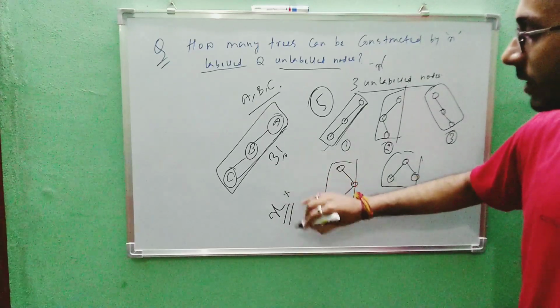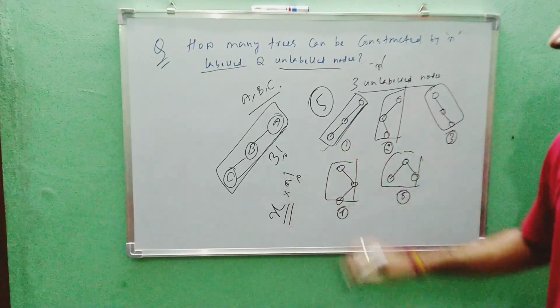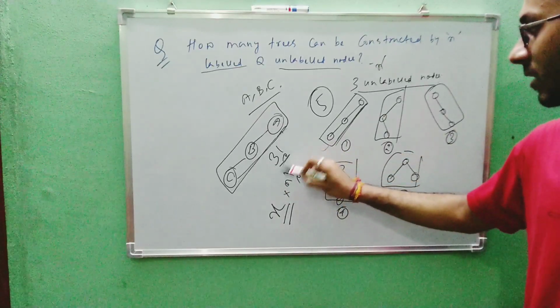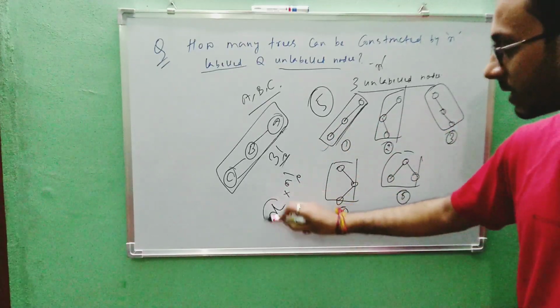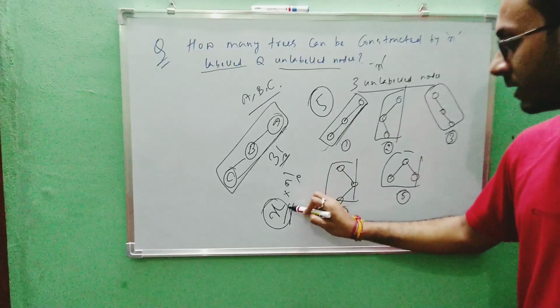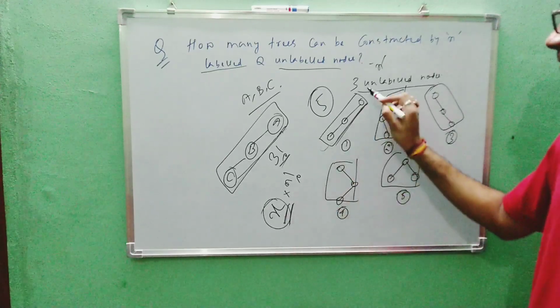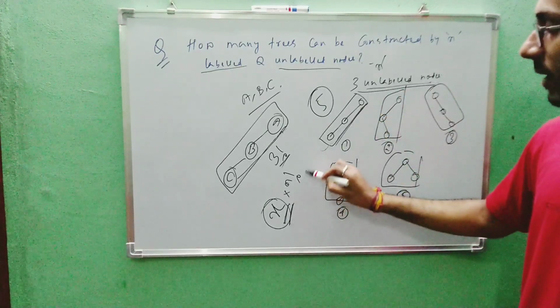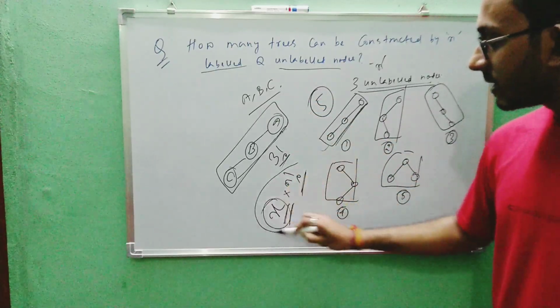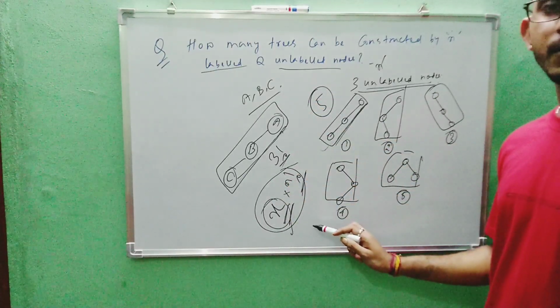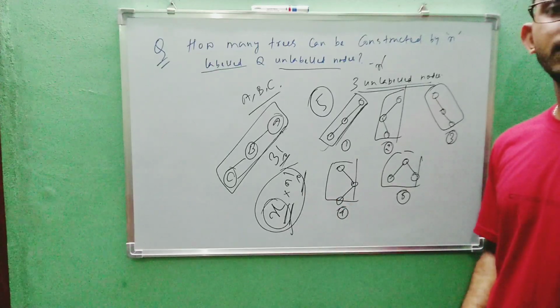It will be X into n factorial, isn't it? Because this n factorial, which here is 3 factorial, is applied in all the cases. So X is the number in case of unlabeled nodes. That into n factorial will become the number of trees in case of labeled nodes. Is it clear or not? X into n factorial.